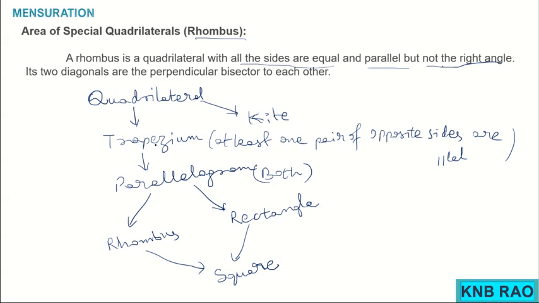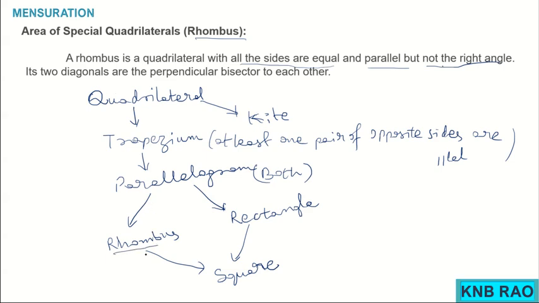A trapezium can be a parallelogram, or may not be a parallelogram. Okay. So, after that, in a parallelogram, if adjacent sides are equal, it gives the specialness that all sides are equal, that becomes a rhombus.